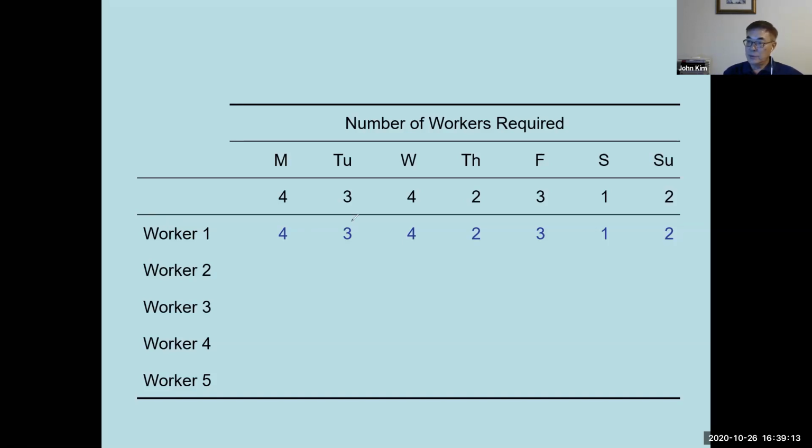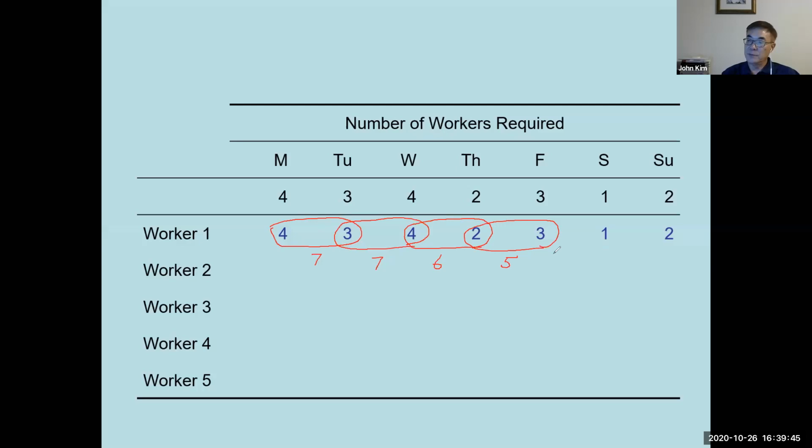If we circle 2 days, Monday and Tuesday, then the summation is 7. If we circle Tuesday and Wednesday, then adding the 2 numbers, it is 7. Then 6, 5, 4, and 3.